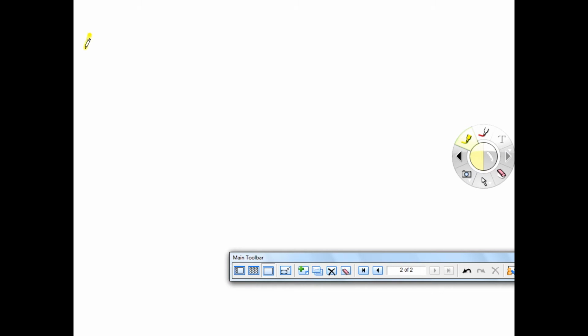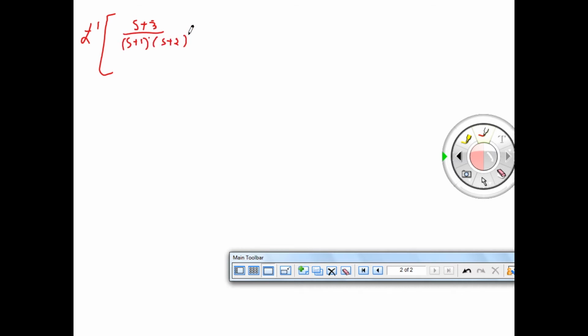We have to take the Laplace inverse of the matrix whose entries are (s+3) divided by (s+1)(s+2), 1 divided by this, minus 2 divided by this, and s divided by this.